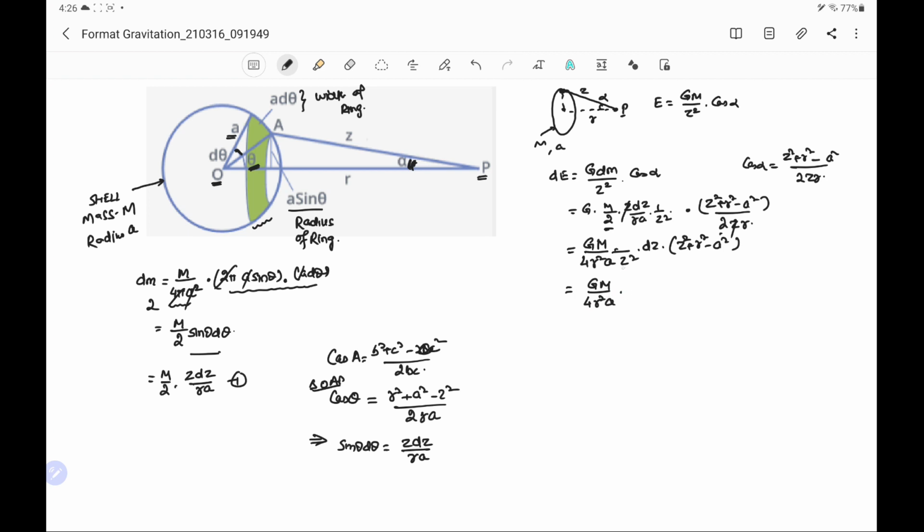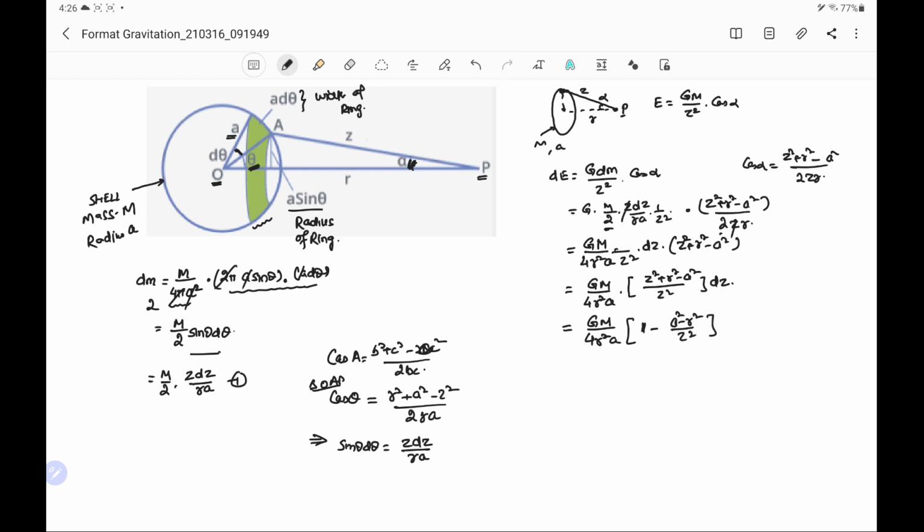We take this z square inside the bracket and it will be z square plus r square minus a square by z square and dz. It is equal to G m by 4 r square a.